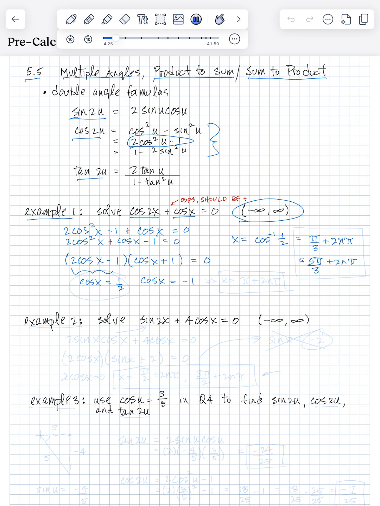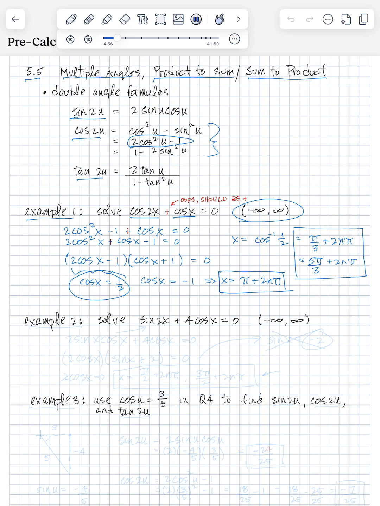Okay, so that's for this one here. Now let's do cosine x equals negative 1. Well, x is equal to pi plus 2n pi. So we have three answers. We want to make sure we box all three answers. Okay, so that's example 1.